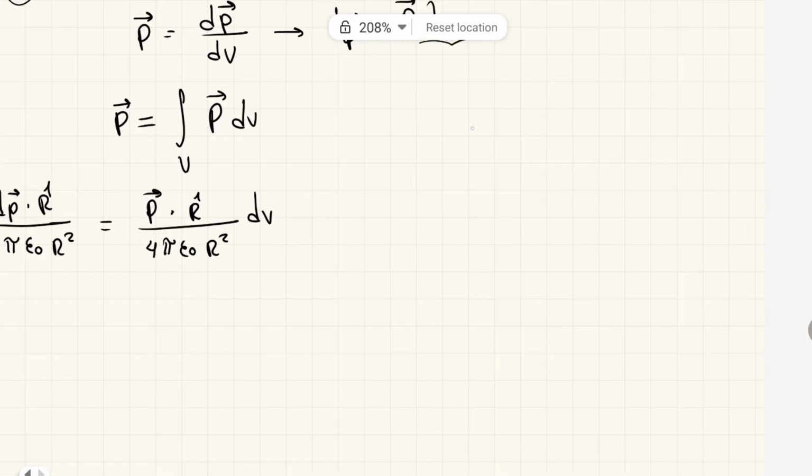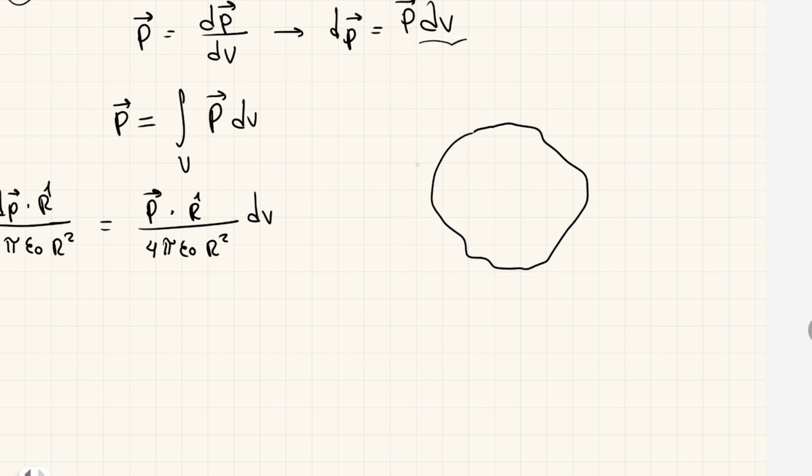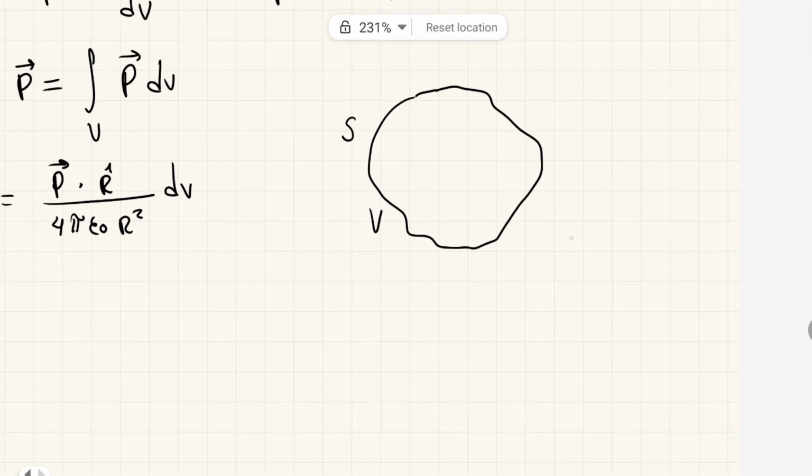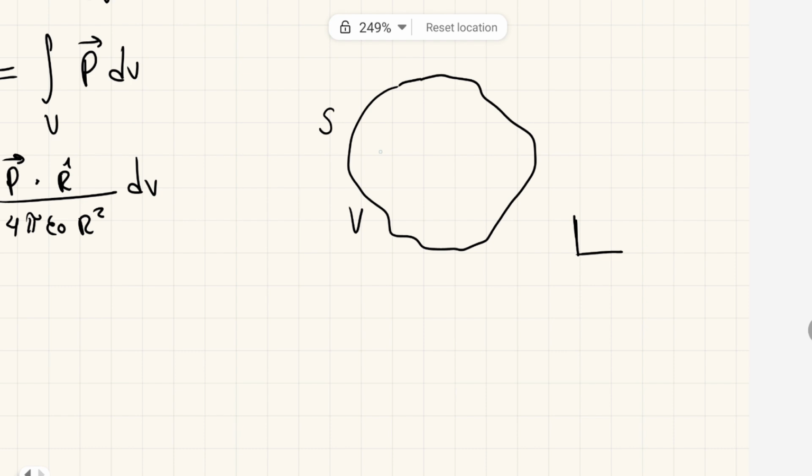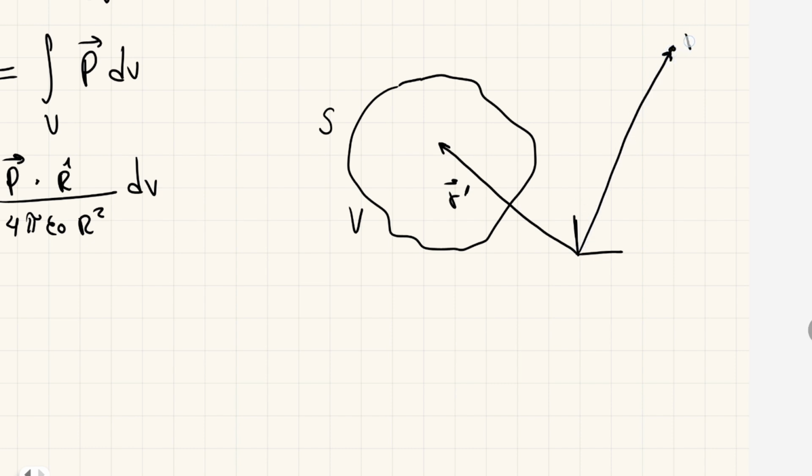Let's say that, for example, we have a material that has a volume V and a surface S, and we have the reference system, for example, here. Then we are going to have a distribution of charges in this material. So we want to locate that distribution with a vector r prime, and then we want to calculate the potential at a certain point of space P, located by a vector r.